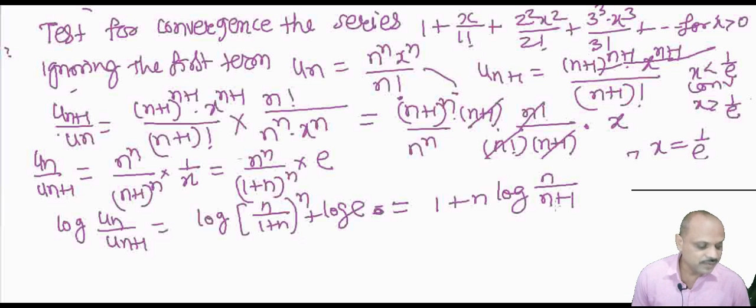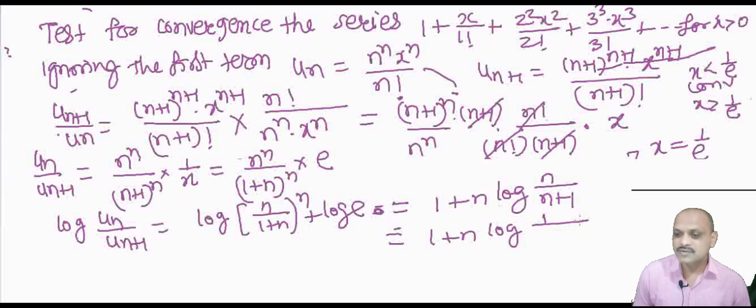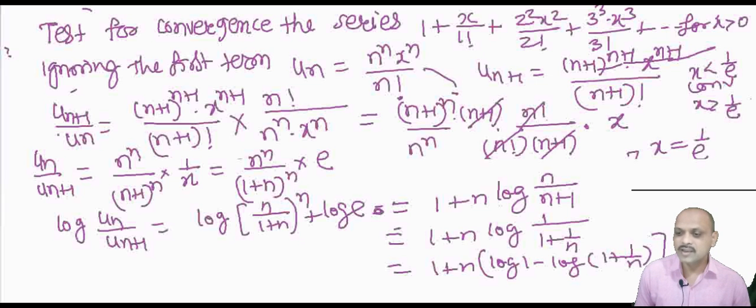Now log of n divided by (n+1), we write this as 1 divided by (1 plus 1 by n). So this equals 1 plus n into log of 1 minus log of (1 plus 1 by n).